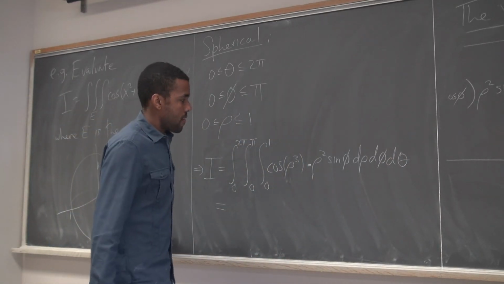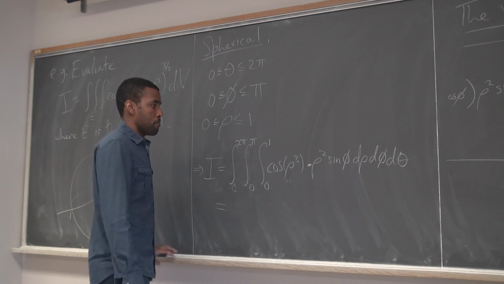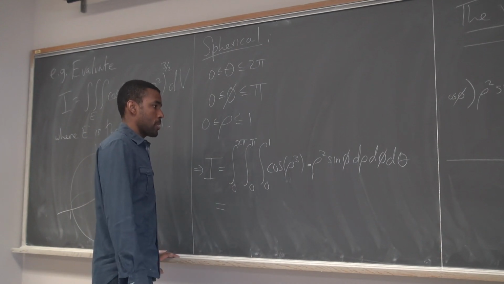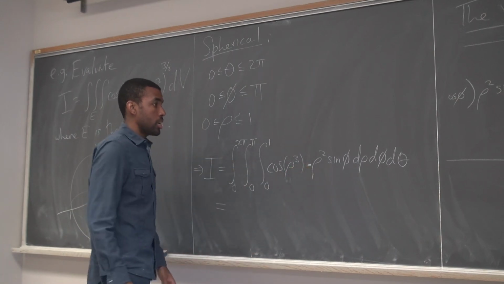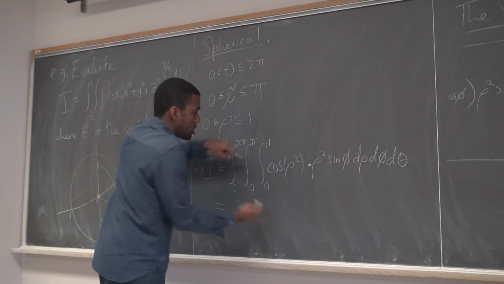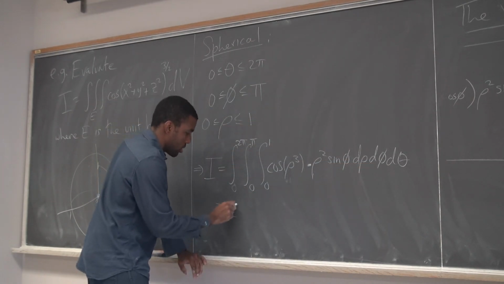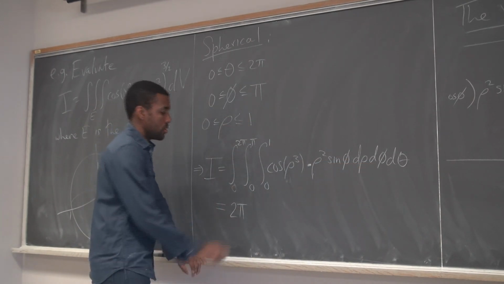How would I integrate that? Well, now it's just an easy substitution. Again, there are no thetas on the inner integrals, so I'm going to throw out a 2 pi on the outside.